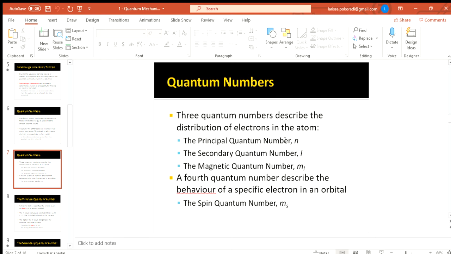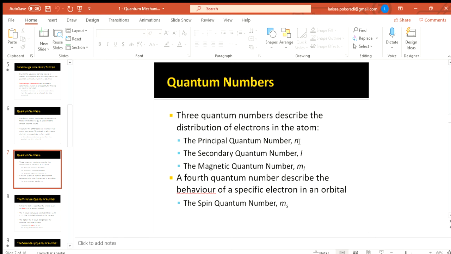We have 3 that are very subject to each electron, and then a 4th one that will come into play that you're like, oh, that's simple, hopefully at least. So the first 3 are all described by, despite being numbers, letters, kind of like a variable. So we'll have the principal quantum number we'll learn about first, and then it's kind of like an umbrella.